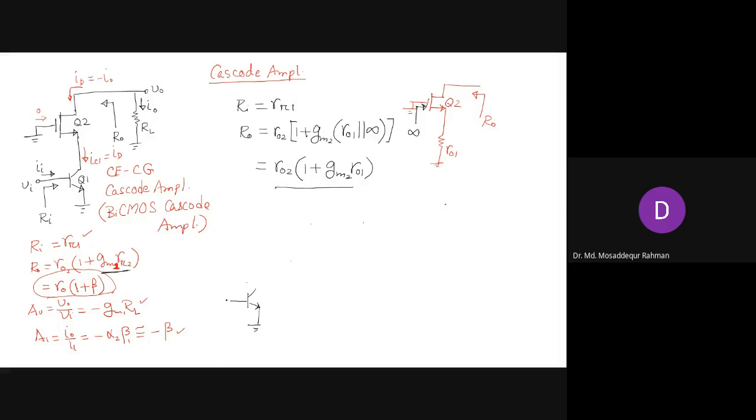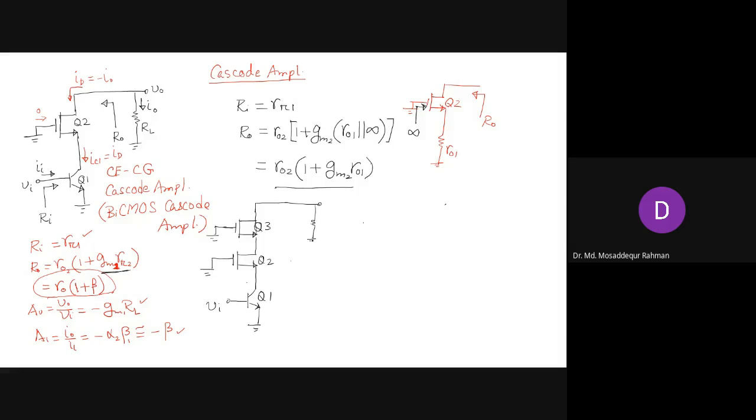We have the input transistor Q1, then this MOSFET, that is Q2, and then another MOSFET here, that is Q3.